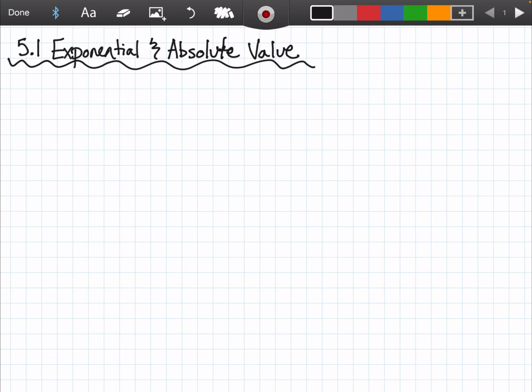So, your standard equation of an exponential function looks like this, where A is your initial value, and B is what we're going to call our growth or decay factor.